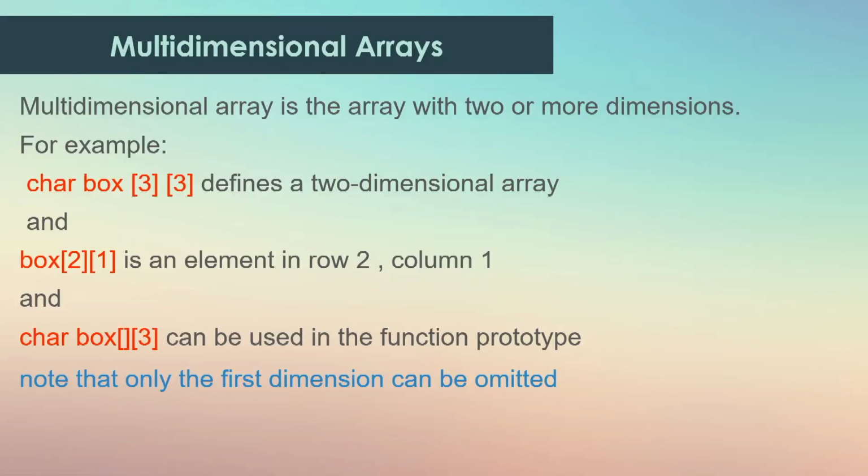However, if we want to increase the size of the array, a multi-dimensional array is especially what we call an array with two or more dimensions. Say, for example, in the example we are able to see, char box of 3 will define a two dimensional array, and box of 2 1 will declare again a two dimensional array with the number of rows to be 2 and the number of columns to be 1.